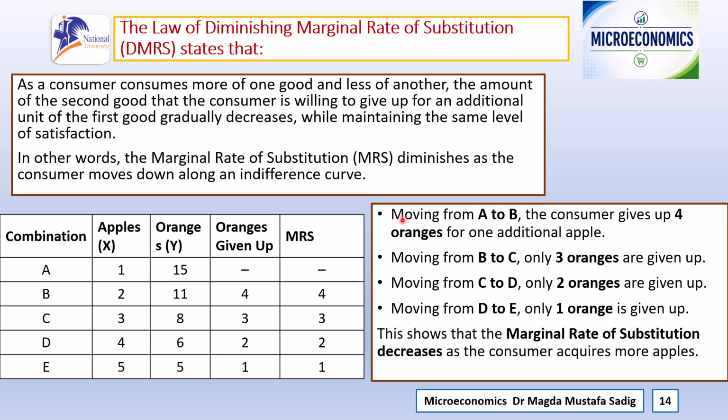The law states that as a consumer acquires more of one good and less of another, the amount of the second good that the consumer is willing to give up for an additional unit of the first good gradually decreases while maintaining the same level of satisfaction.